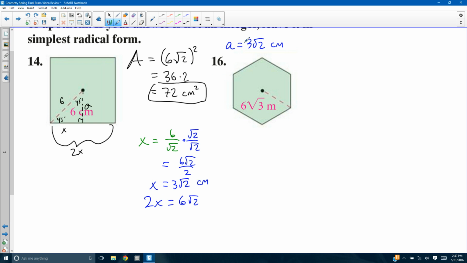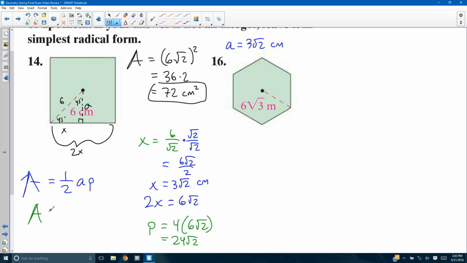All right, a third way of doing it is using that apothem, here, 3 root 2. We'll use the area of any regular polygon, which is 1/2 AP, apothem times perimeter. Let's get the perimeter of this square by taking any side length, like this one here, and multiplying it by 4. 4 times 6 root 2 is 24 root 2.